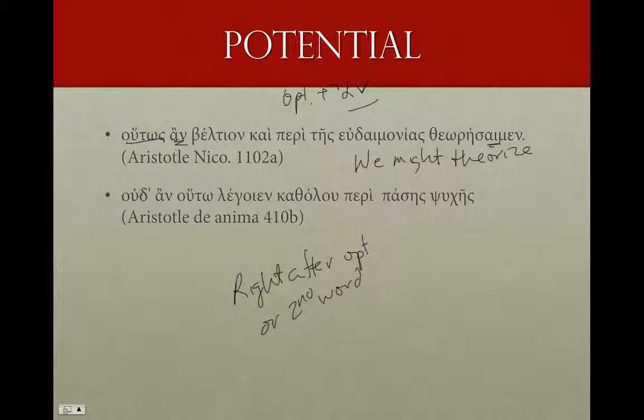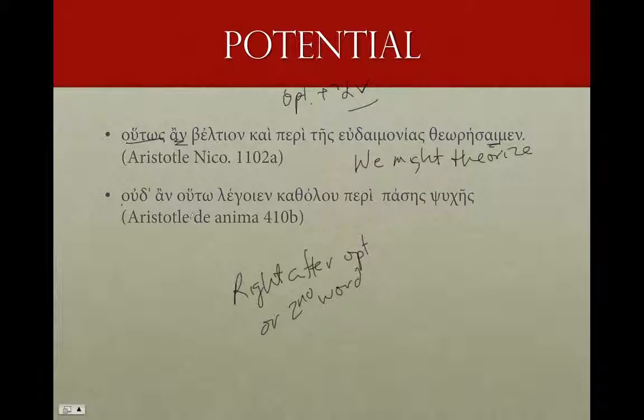Now, another example here. Now we have a negative instead of an adverb. Ouk an houtō legoien katholou peri pasēs psychēs. Thus, they would not speak, present tense optative there, they would not speak entirely about the entire soul, collectively about the entire soul.